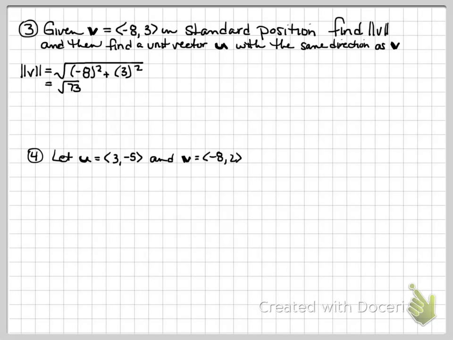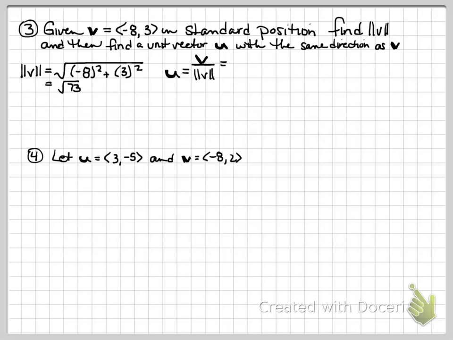To find our unit vector u, the way to find a unit vector is one that has a magnitude of 1. Let me rephrase that. A unit vector has a magnitude of 1. So in order to find it, I'm going to take the components of my original vector divided by its magnitude.